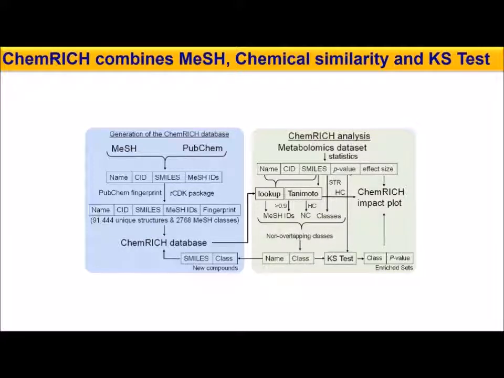It takes the p-value and effect size provided by the user into account and calculates class level p-values, and those are visualized in a ChemRICH impact plot, where we also use the Tanimoto similarity among compounds in a hierarchical tree to calculate an x-axis order for chemicals.